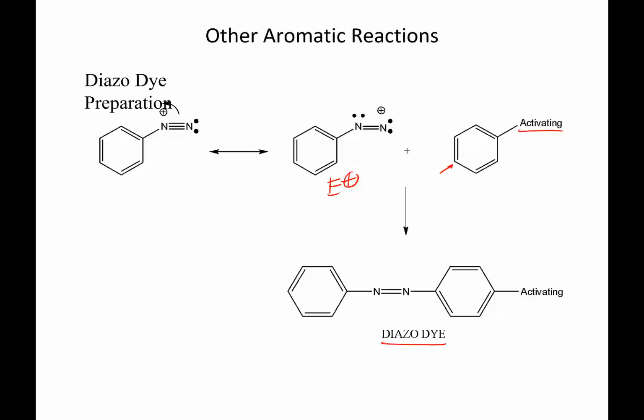Now, the whole dyeing industry, meaning adding color to fabrics, is a fairly big business. But it's been around forever. I mean, colorful clothing was always the sign that you were super rich.